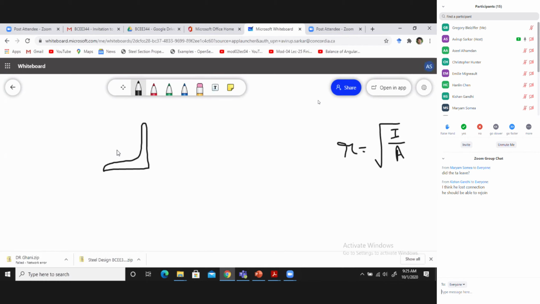Say for example, this is the horizontal axis and this is the vertical axis. Okay, this is X and this is Y. So for this section, Rx can be calculated and Ry can be calculated, both. But we need to consider the minimum of the two, R minimum.